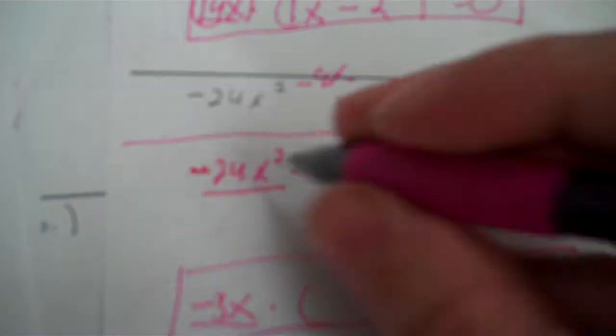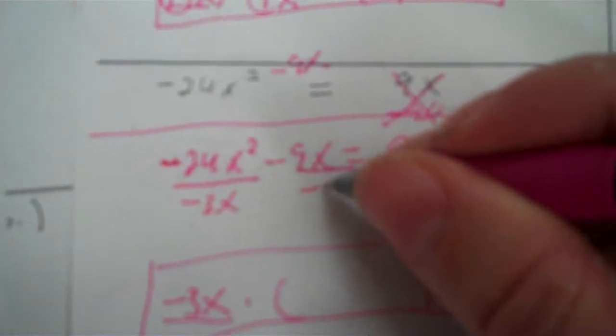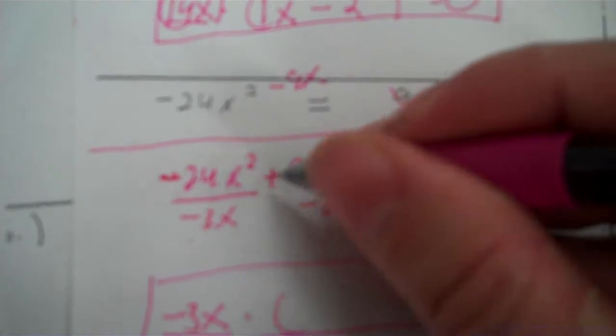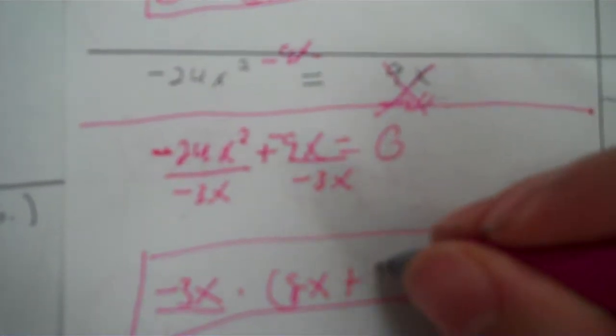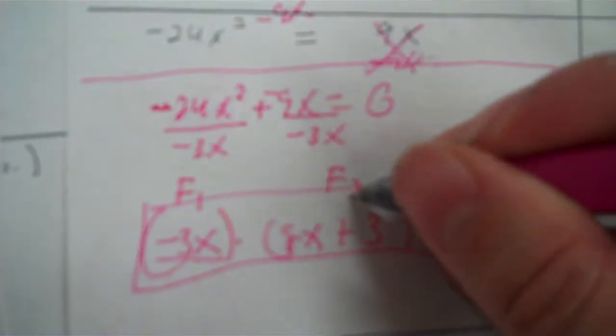So I have negative 3x as my GCF, so I'm going to transfer that over here. Make that negative, so that's 8x, and that's plus 3. So that's factor 1, and that's factor 2.